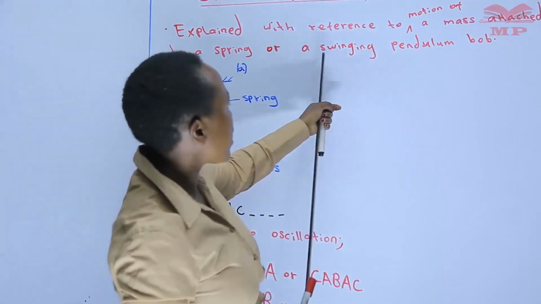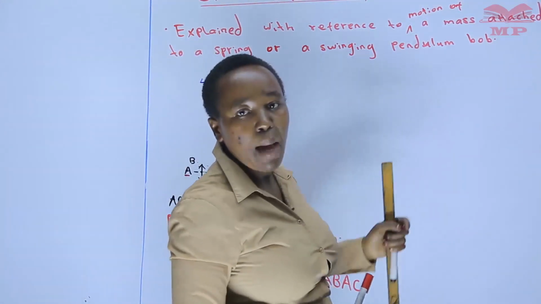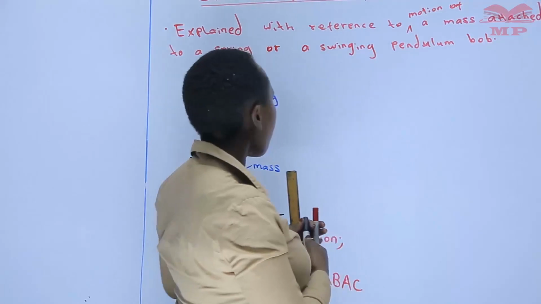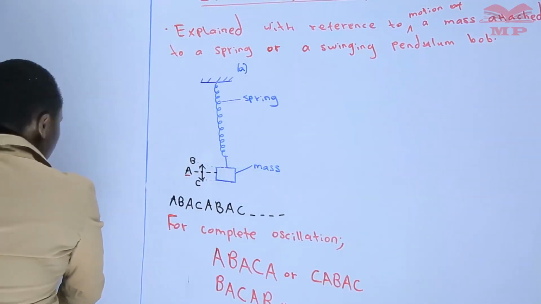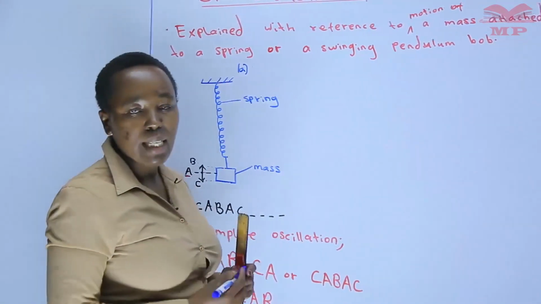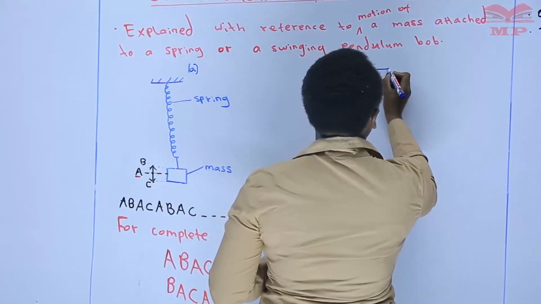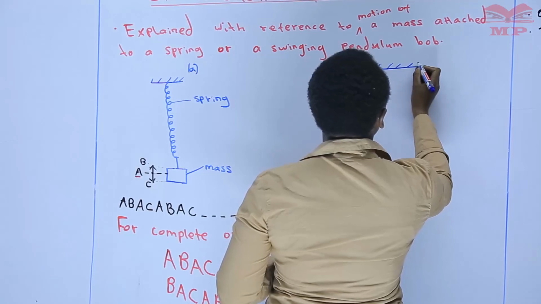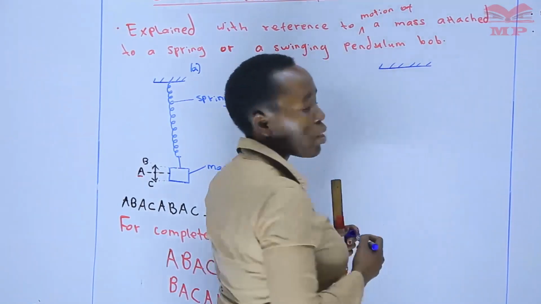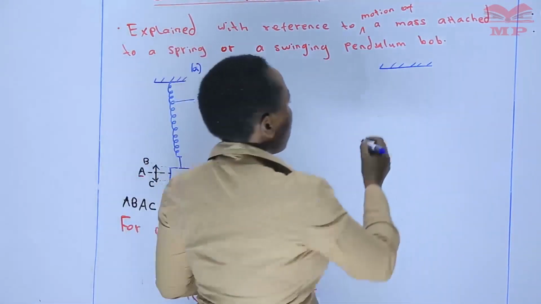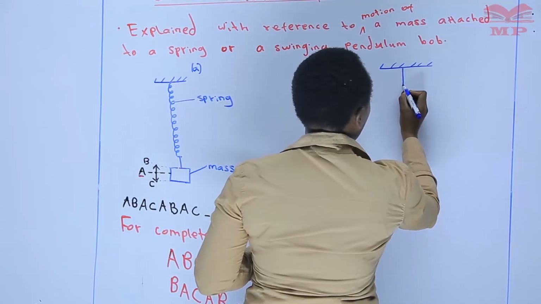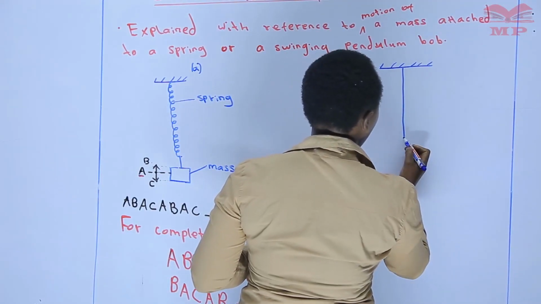Now we want to consider a swinging pendulum bob, and see how we can tell that it has completed an oscillation. So in this one, we again consider a fixed point. We are going to use a string to attach our pendulum bob here.